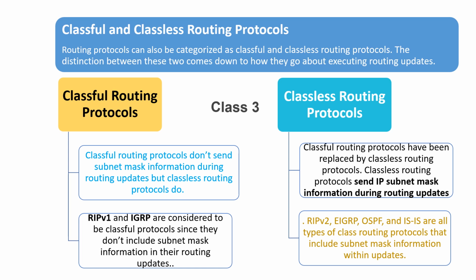And protocols like RIP version 2, enhanced IGRP, open shortest path first, and IS-IS are all types of classless routing protocols that include subnet mask information within the update. So these are all the classless routing protocols.